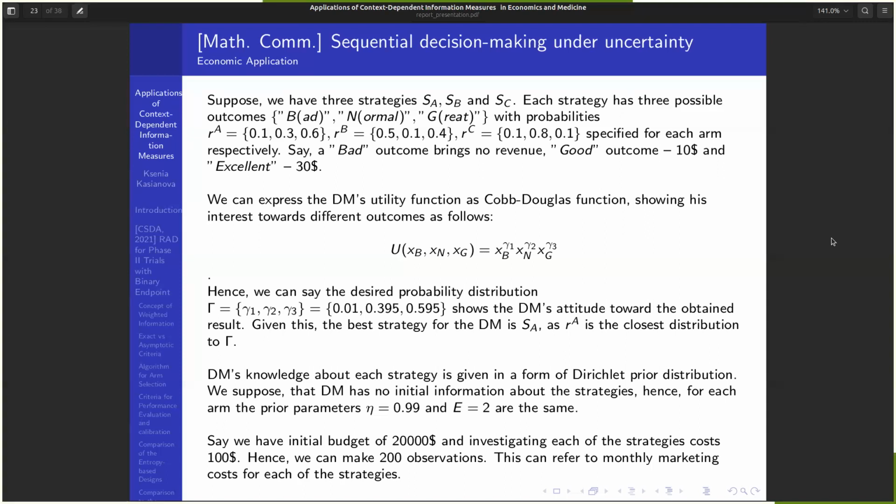So the strategy that he will choose is the one that will give the closest empirical distribution for the strategy.